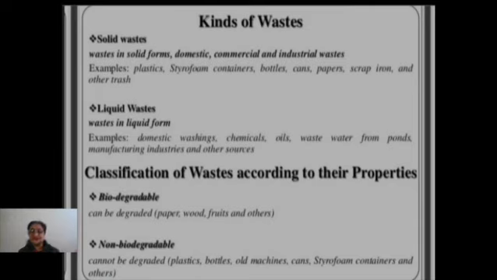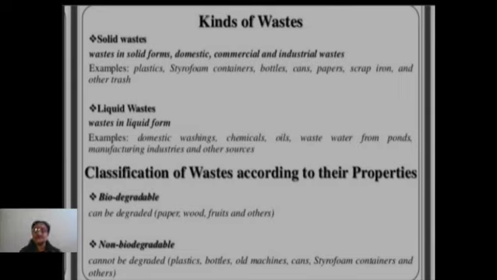Now when we classify waste according to their properties, that is, whether it can be degraded or easily decomposed or not, we can categorize waste into two types: biodegradable and non-biodegradable.